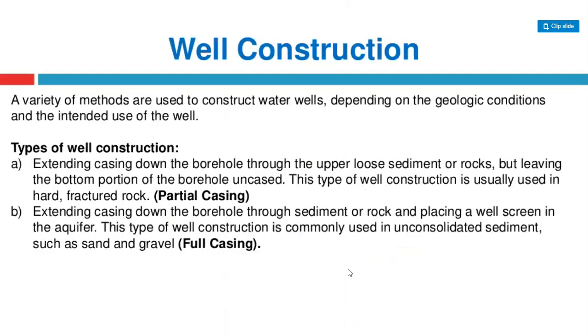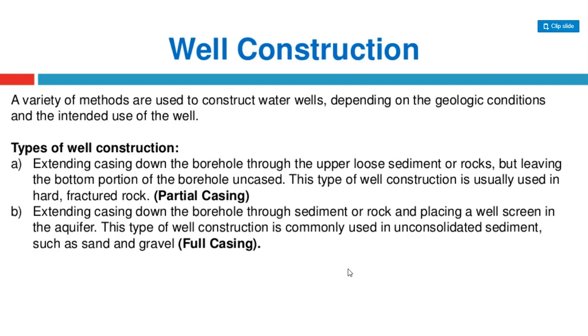Well construction. A variety of methods are used to construct water wells depending on the geologic conditions and the intended use of the well. Types of well construction: extending casing down the borehole through the upper loose sediment or rocks, but leaving the bottom portion of the borehole uncased.